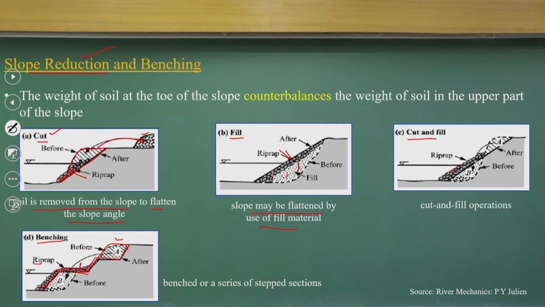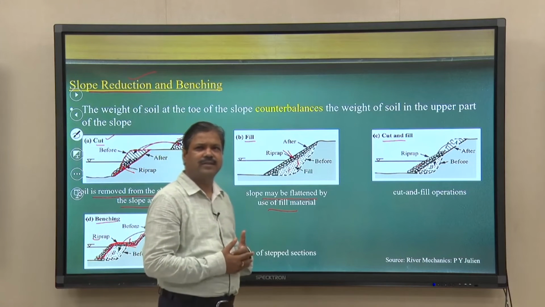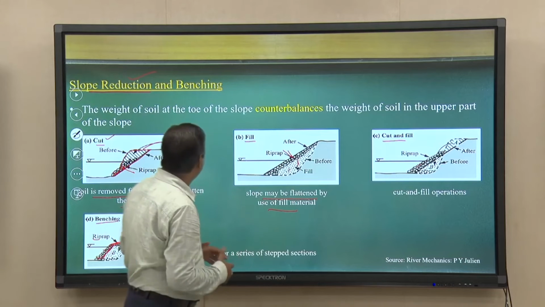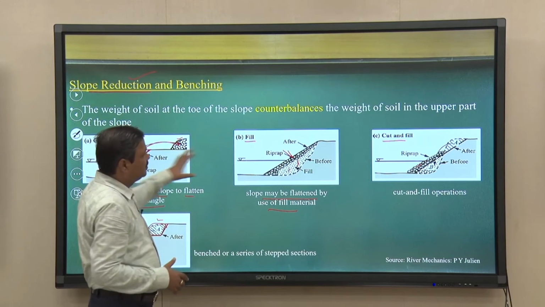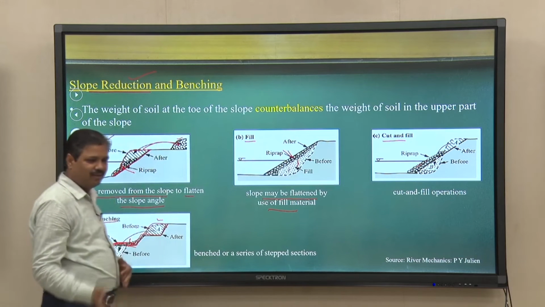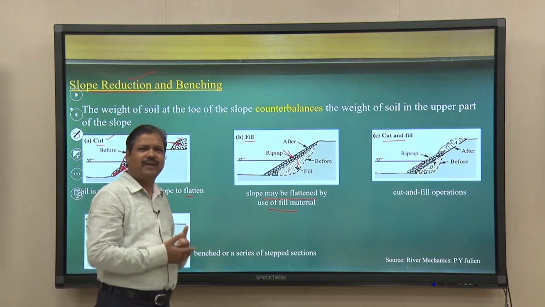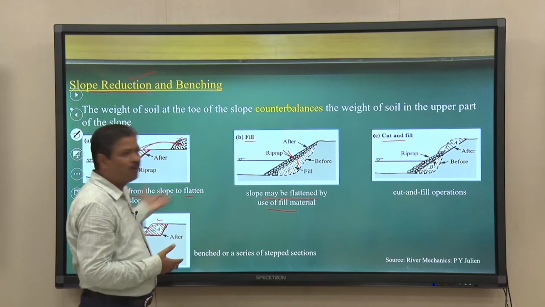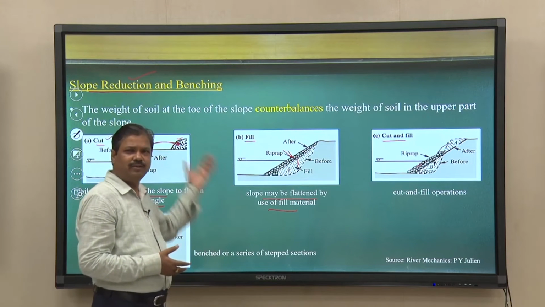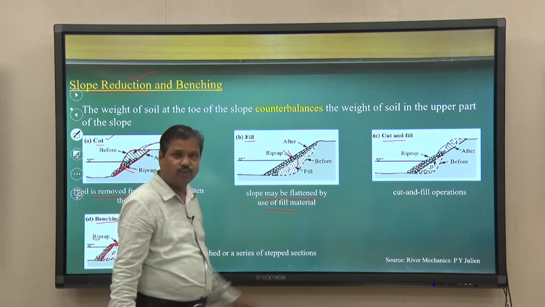You also have a stone riprap. It is a very basic thing we can do: slope reduction of the river bank using cut and fill or the benching process. You can visit any river bank where river training is done and see that they most often use these slope reduction methods, which are very simple to do.